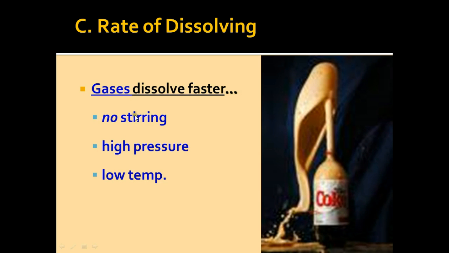And the reason why gas dissolves faster when we have no stirring is because if you think about soda, when we stir or shake up a soda, all the gas gets out of the soda. So stirring pretty much moves around the gas, so the gas gets to the surface and gets released. So stirring is not what we want.